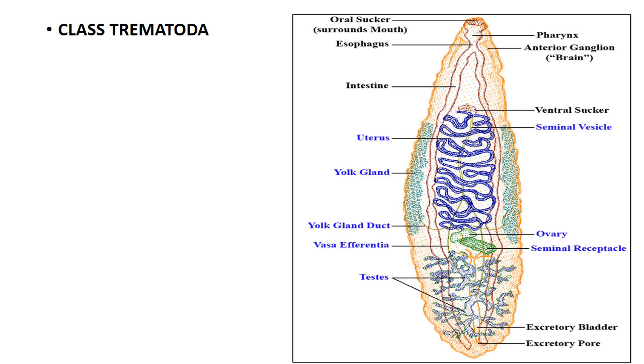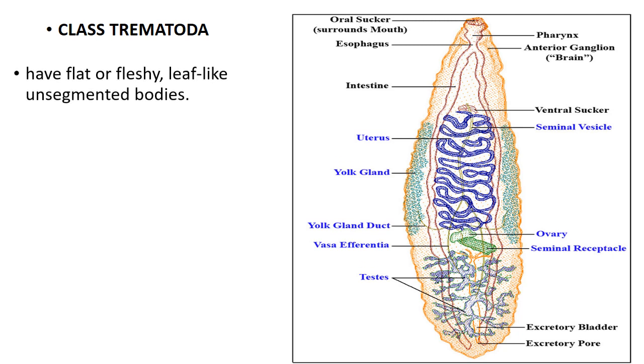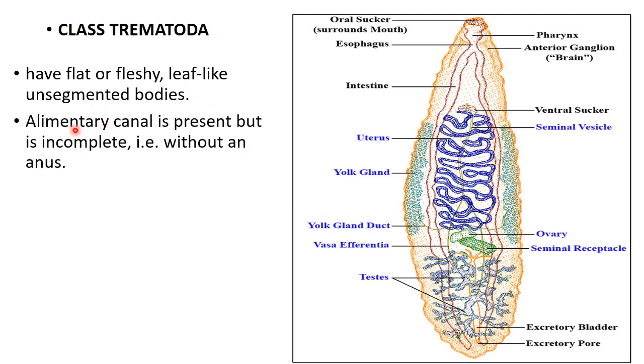So talking of the class Trematoda, these guys have a flat or fleshy leaf-like unsegmented body. So they are flat, that's why they belong to the phylum of flatworms, and they are leaf-like in structure. As you can see, this structure here looks like a leaf literally, and it is unsegmented, unlike the cestodes. Then their alimentary canal is present, but it is rudimentary, meaning that it is incomplete without an anus.